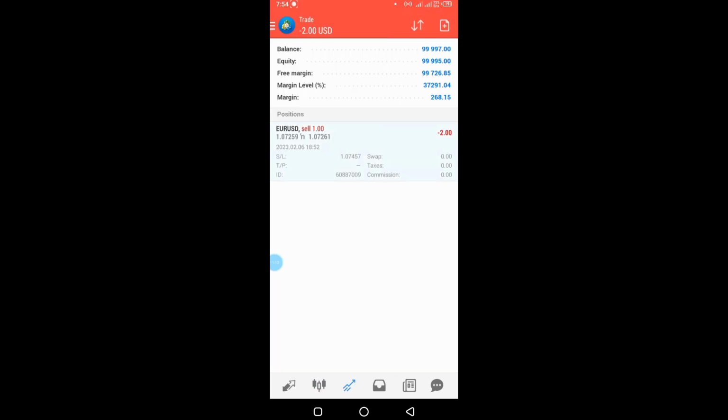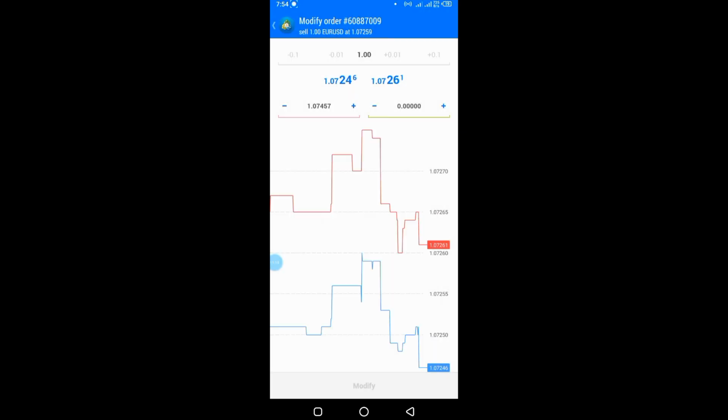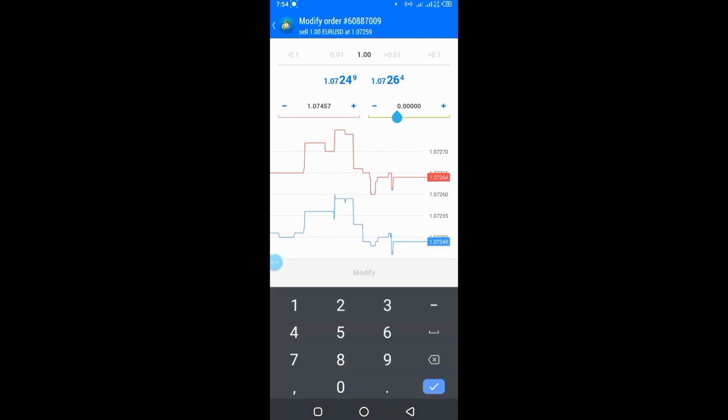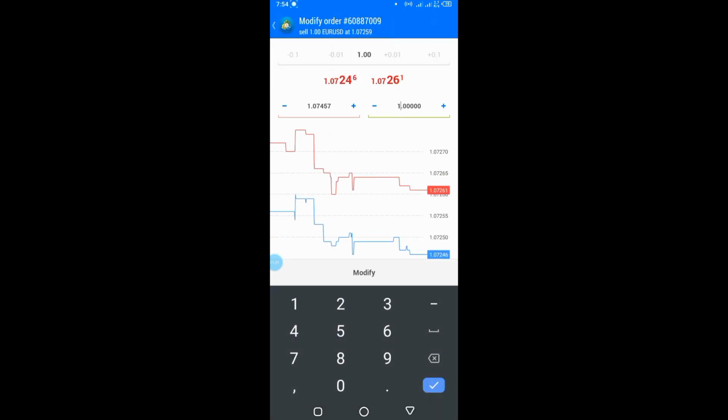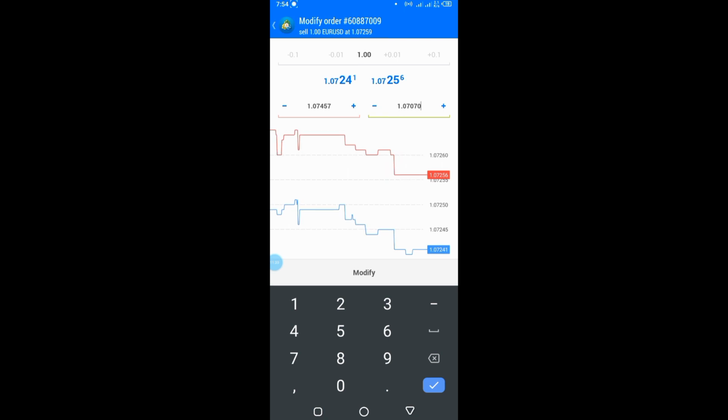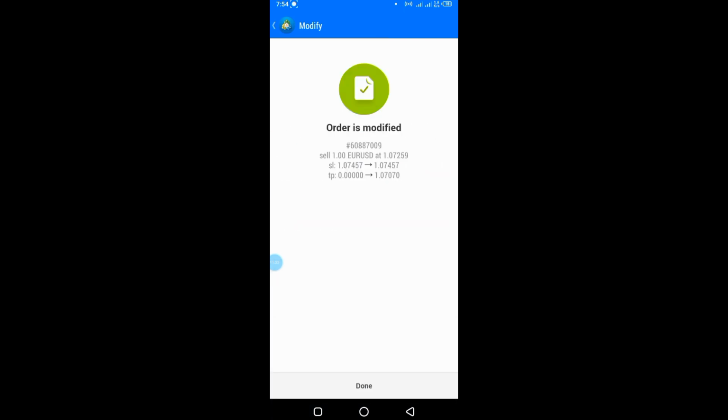Therefore you just come, long press, go to modification, then type 1.07070 like that. The modification button is okay, and then the order is modified.